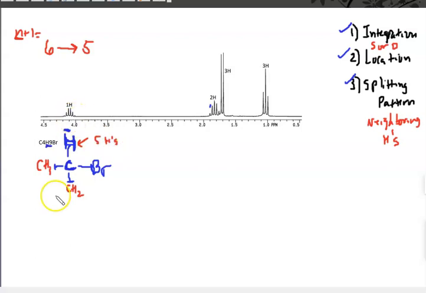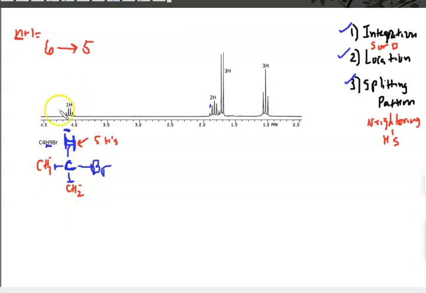That's the splitting pattern, and it's basically how splitting occurs: the magnetic field of these hydrogens has an effect on the magnetic field of the neighboring hydrogens, and that's why that peak is split into other peaks. So that's what the splitting is. It's the effect of the hydrogen magnetic fields next door of the blue hydrogen.